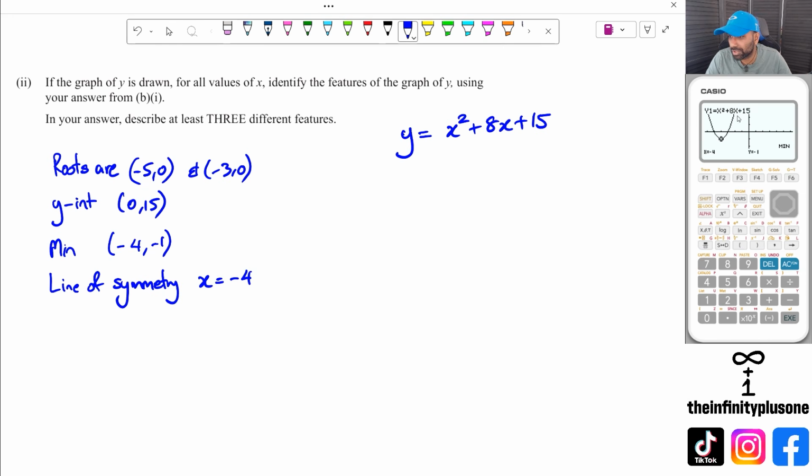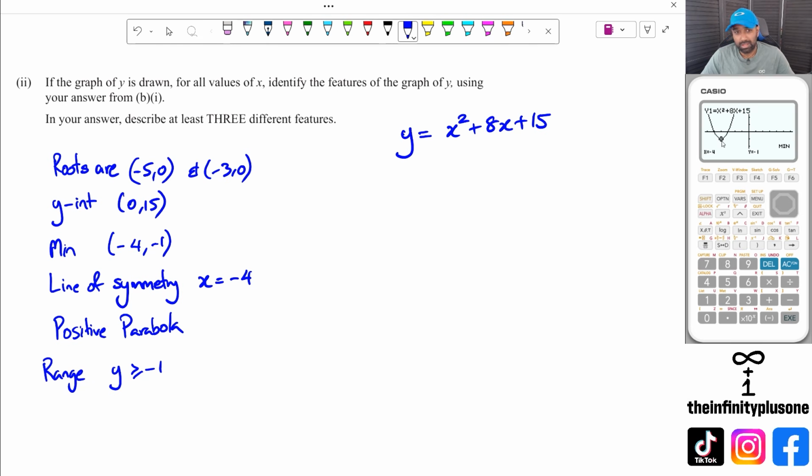We also know that this is going to be a positive parabola. So we can say positive parabola. And we can also give its range, because range is all the y values that it can take. So range is going to be y is greater than or equal to -1. You can also say intercepts, x-intercepts at -5 and -3, or y-intercept at 15 as well.